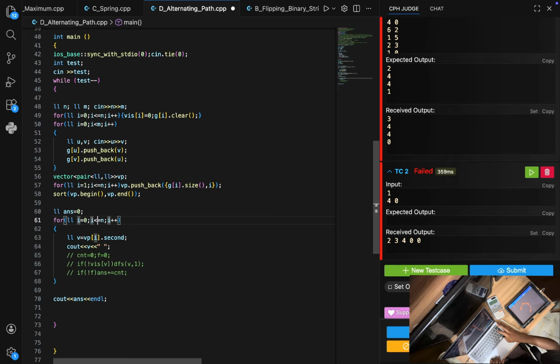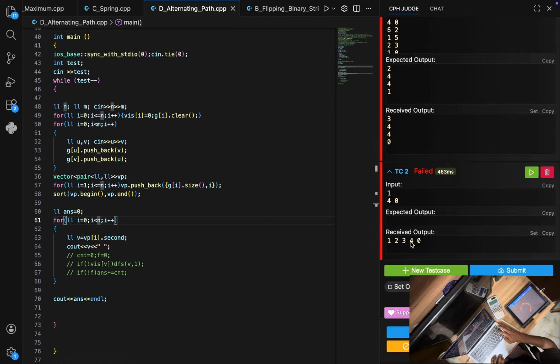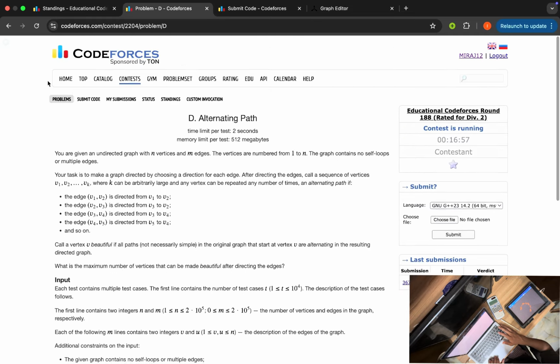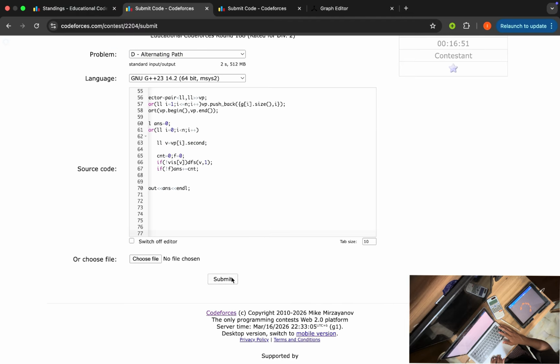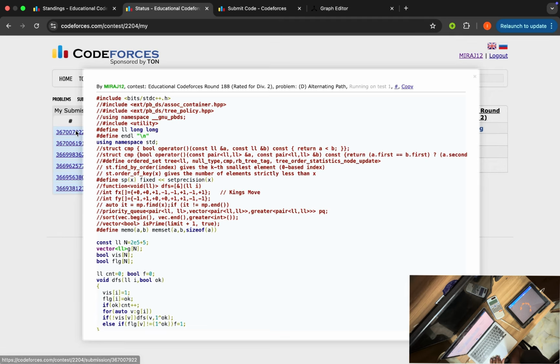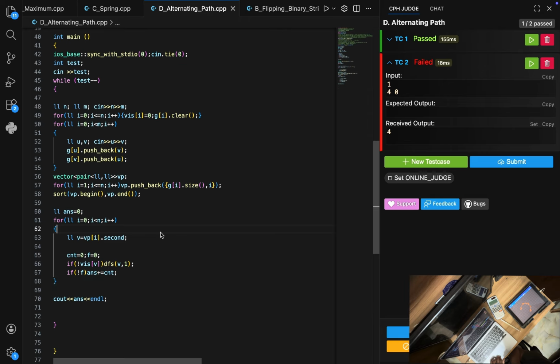Oh, 1 2 3, yeah. Let's try again. Alternating paths. Still wrong at test 3. That's sad.